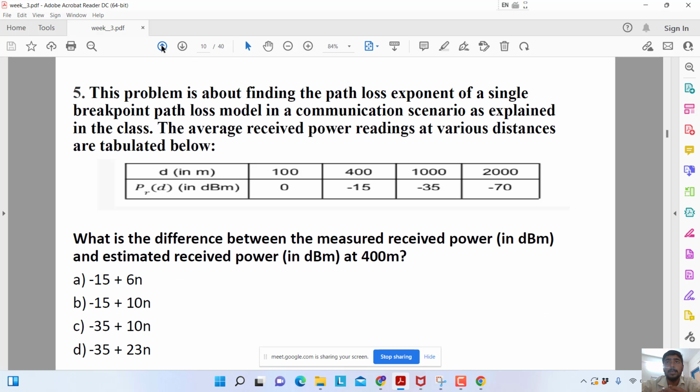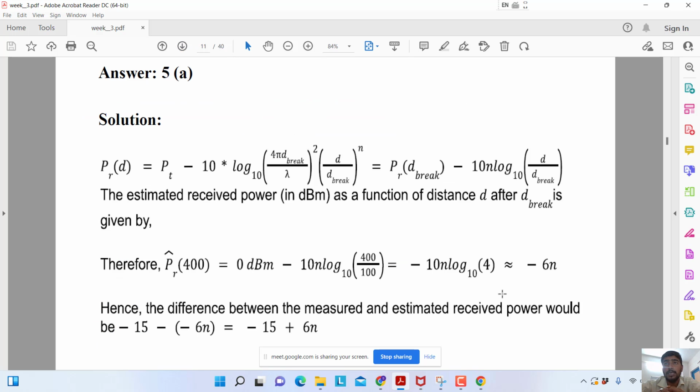And here at the 400 meter the measured received power is minus 15 dBm, and our estimated power is minus 6n. So we have to calculate the difference, so we subtract the estimated power from the received power. Received power is minus 15 and estimated power is minus 6n, so it will become minus 15 plus 6n.